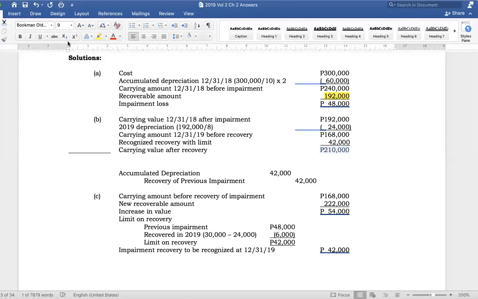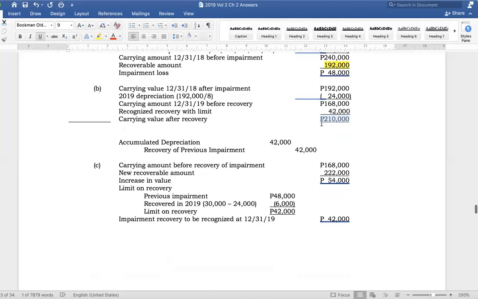So actually, where does the 210,000 come from? So we check.